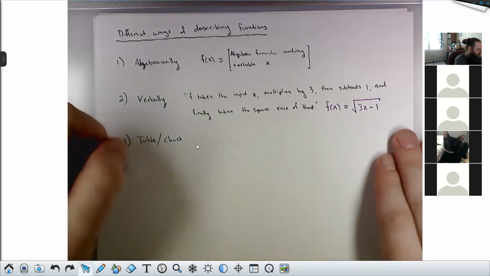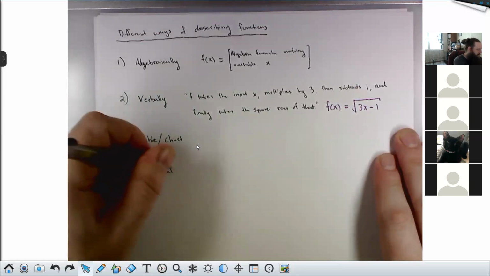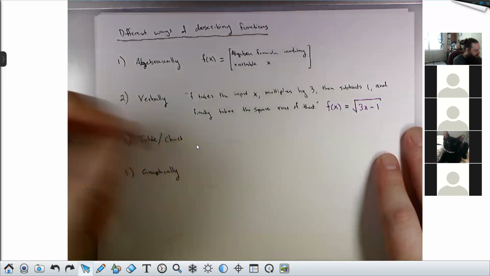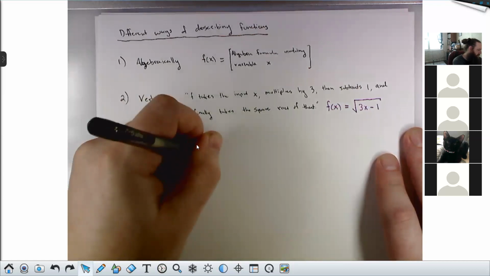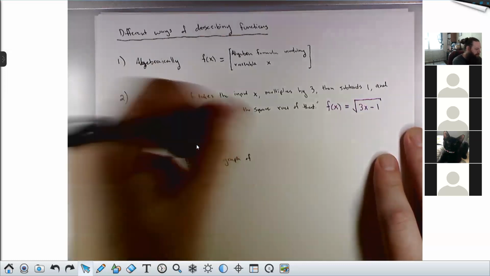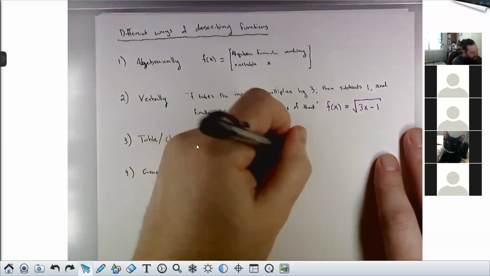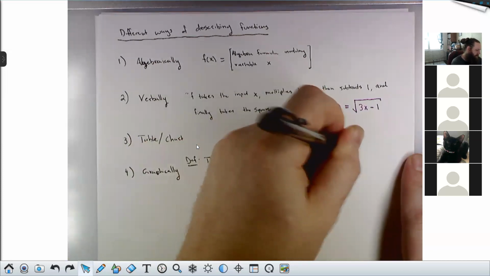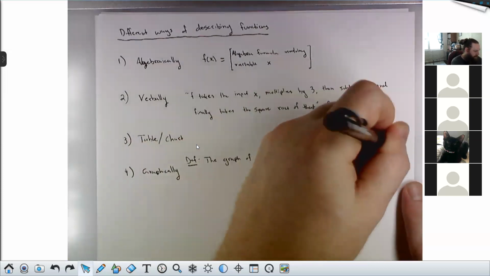But there is one non-boring way to describe a function we haven't talked about, and that's graphically. So this is the graph of a function. I might as well just define it for you. The graph of a function carries all the information for that function. So the graph of a function f is the set in the xy plane.